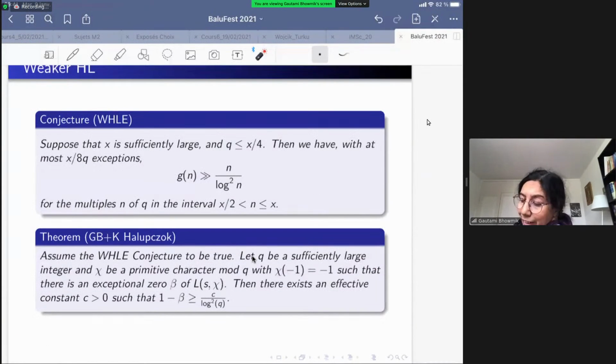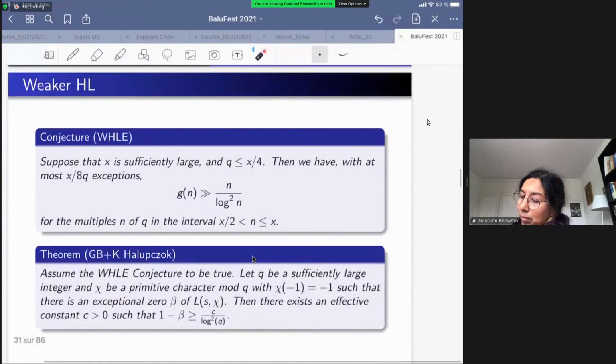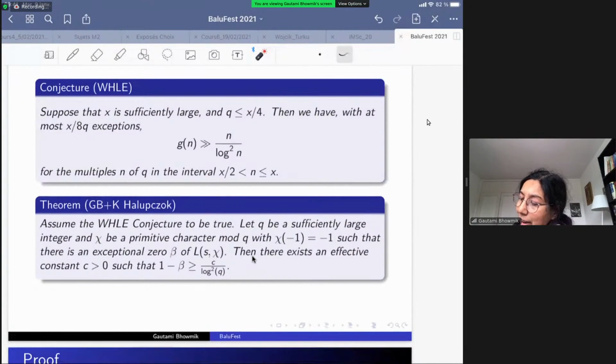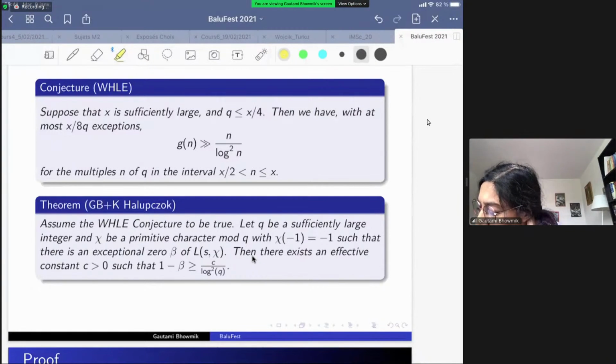Okay. So it's not a wonderful result. It's a small improvement. I mean, it's not even really an improvement on Siegel because it's conditional. It's a result with Karin Halupzog of Düsseldorf. And we make a conjecture that if X is large, how large? We will see.